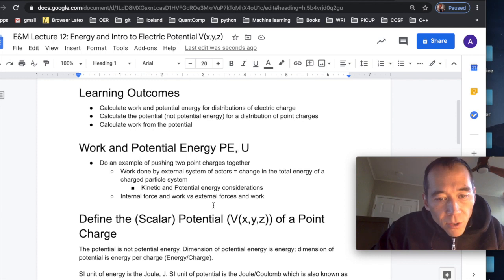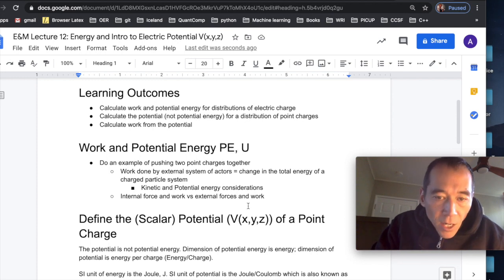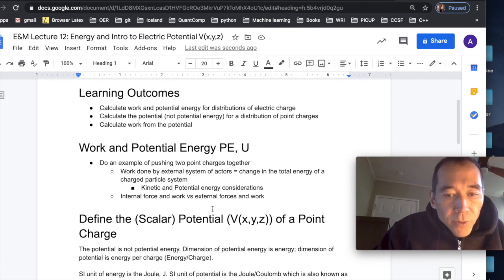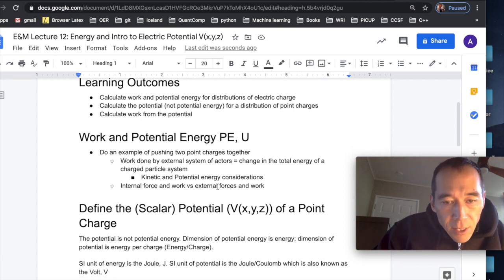And I think this is instructive in just a basic physics kind of way, the difference between internal forces and external forces with respect to work being done. Of course, both of them do work, but it's the external work that we're going to concern ourselves with in this lecture.